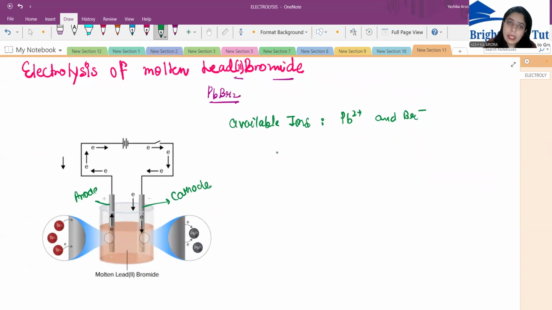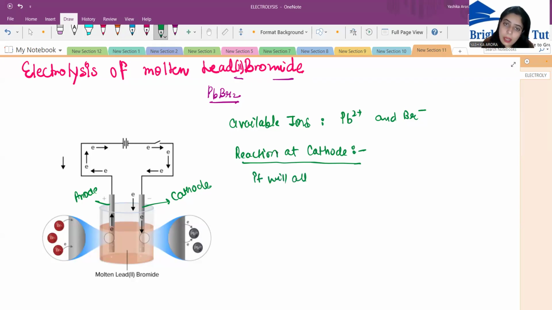So let's write the reaction at the cathode. Cathode is negative, so it will attract positive ions. The positive ion is Pb2+.